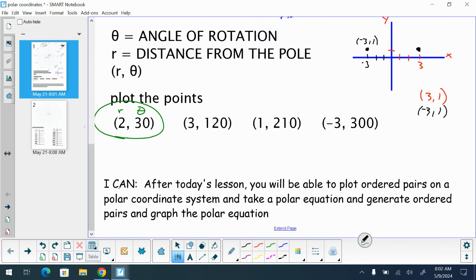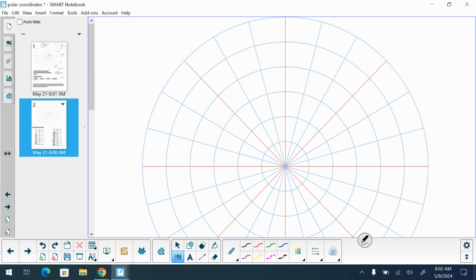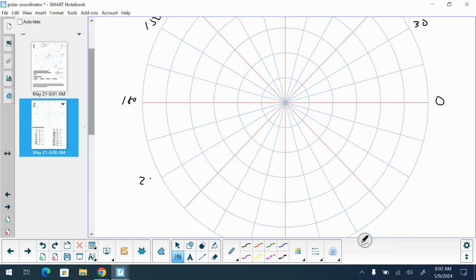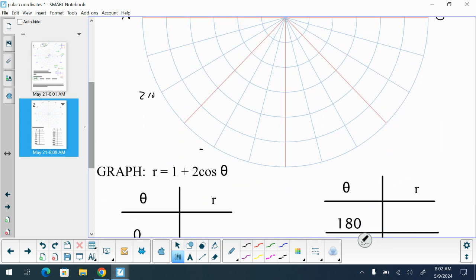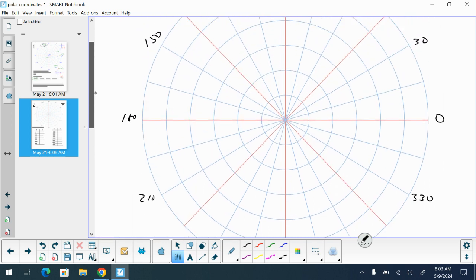So let's take a look at getting a graph down. Once again, let's label our axes. And let's label our circles. We'll still keep it 1, 2, and 3.